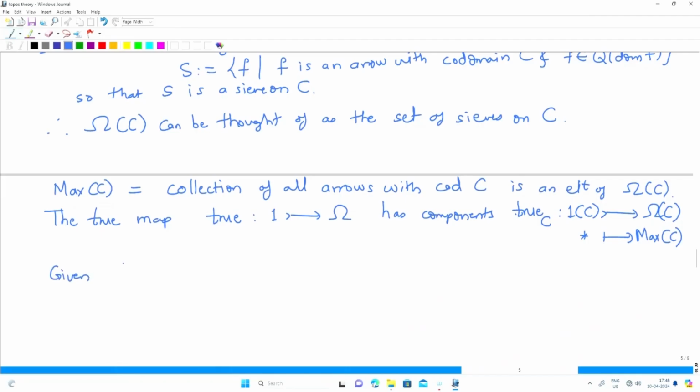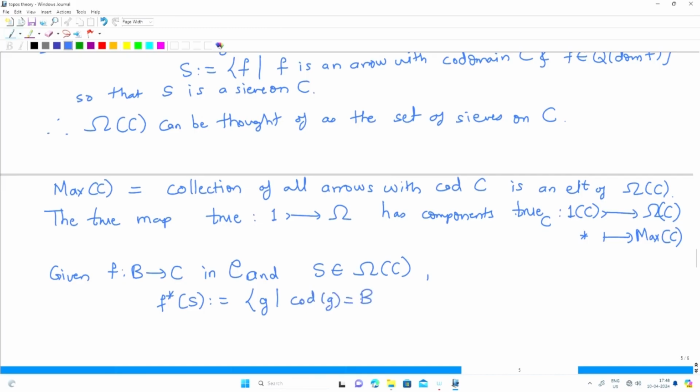Given F from B to C in the category, and S in omega of C, like S is a sieve on C, F star of S is defined as all those arrows G such that the codomain of G is B and F composed with G is in S. So this is an element in omega of B. Given an arrow in the category, I have a map in the opposite direction, from omega C to omega B. So this defines omega as a functor.